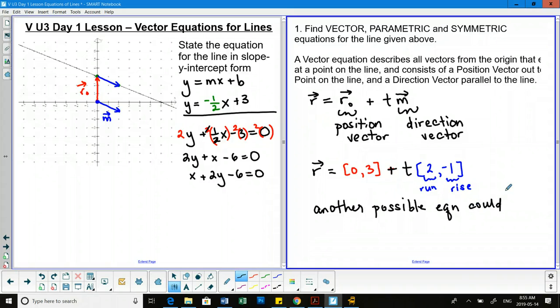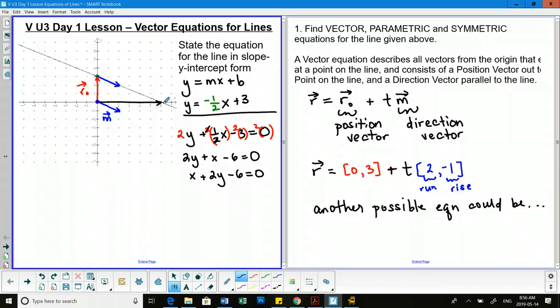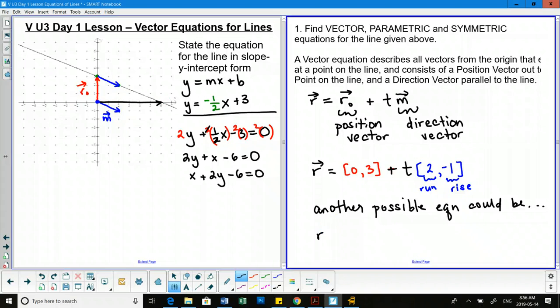I could use the point 4, 1. I could definitely do that. If I wanted to use a position vector out to the point 6, 0, I could say R equals the vector 6, 0, and then the same direction vector, 2, negative 1. So there could be multiple ways that we could express the equation of this line.